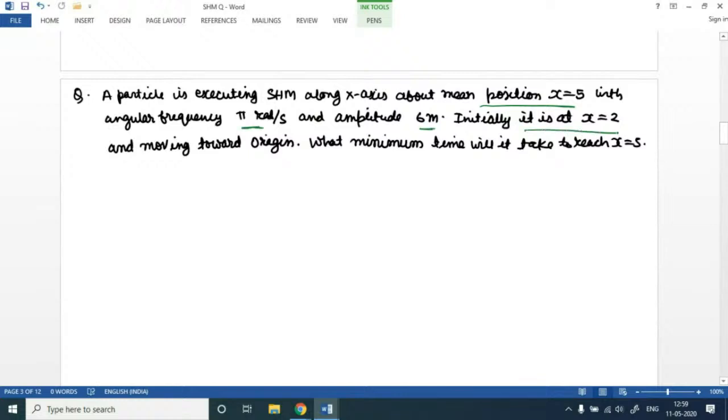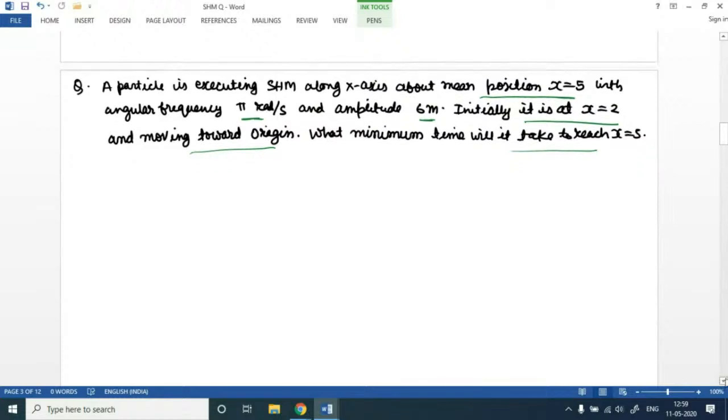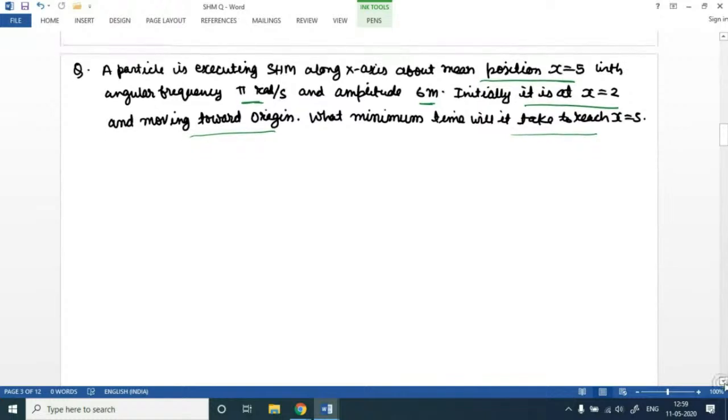Initially it is at x is equal to 2 and moving towards the origin. What minimum time will it take to reach the x is equal to 5 position? You can see that this question is like the old problems which we already solved, only the difference is the mean position is no longer the origin. So how are we going to approach this problem?